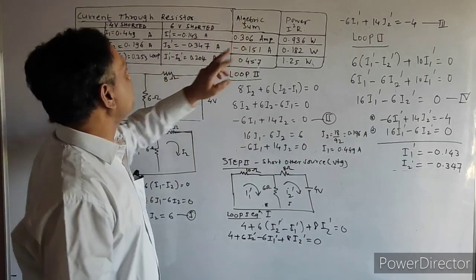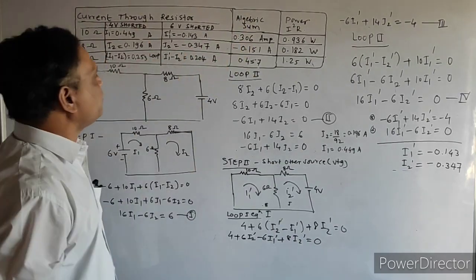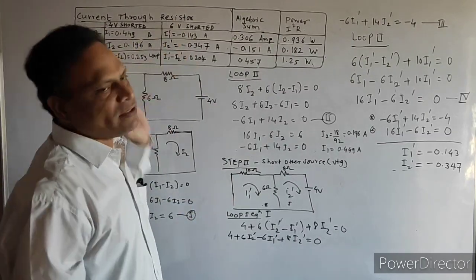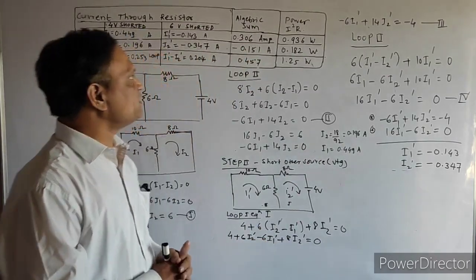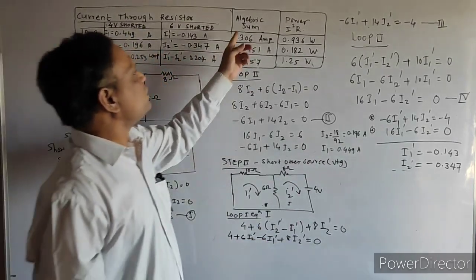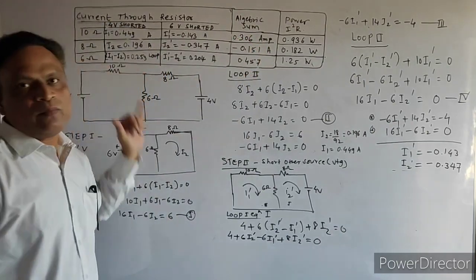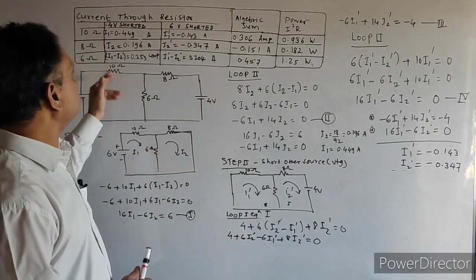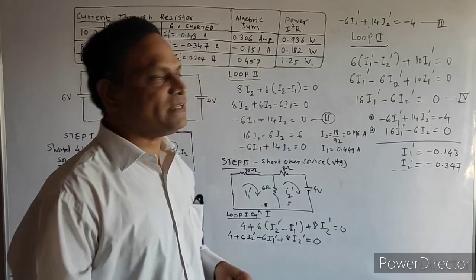For the algebraic sum, I1 is positive and I1 dash is negative, so 0.449 minus 0.143 comes to be 0.306. This is the current flowing through the 10 ohm resistance. So by the superposition theorem, the current flowing through the 10 ohm resistor is 0.306.